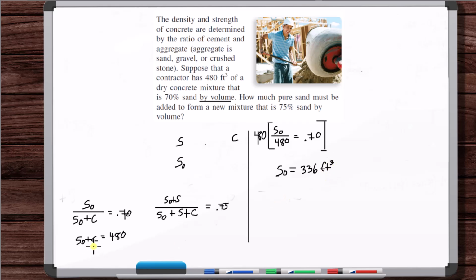So we can also now come here. Let's put S naught here. So we've got 336 plus C is equal to 480. Let's subtract 336 from both sides.